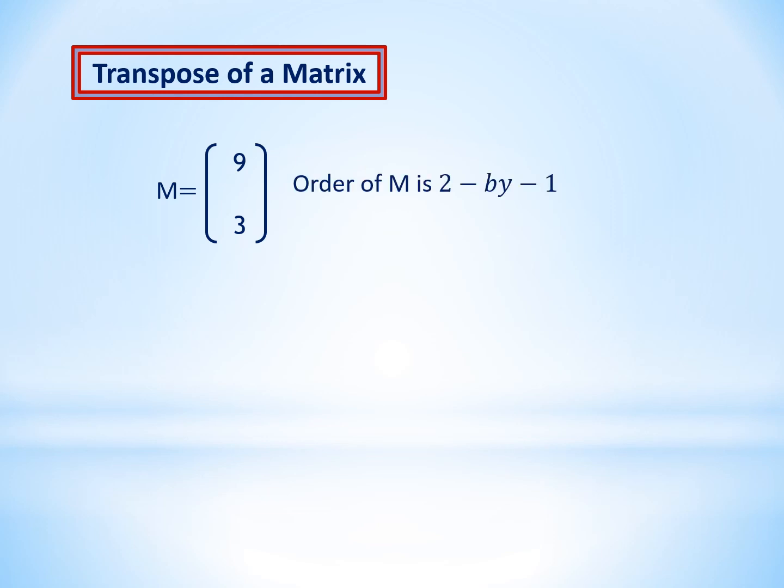And now its order is 2 by 1. If I interchange this column 9, 3 into a row, then the matrix obtained in such a way is called M transpose and its order is now 1 by 2. Order of M is 2 by 1 and after taking transpose, order of M transpose is 1 by 2.